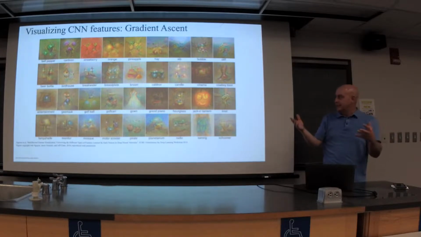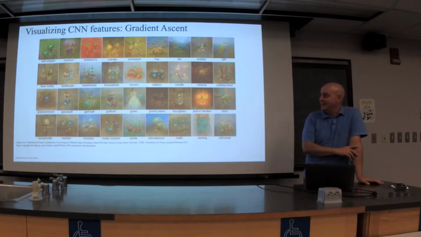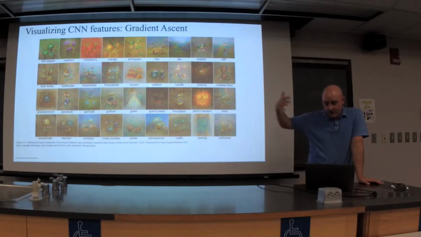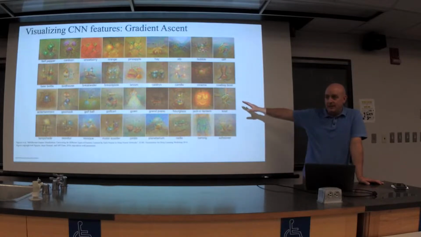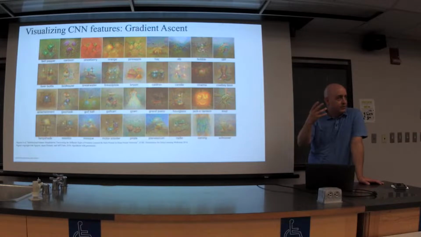I mean, obviously, none of these are natural scenes. They all look like paintings, right? They all look sort of dreamlike. They have that kind of cloudy aspect to them. But pretty cool that you can go from this idea of saliency all the way to something like this, where you can generate these synthetic images that are stereotypical, prototypical for your classes.